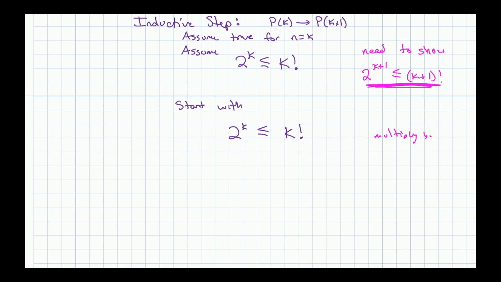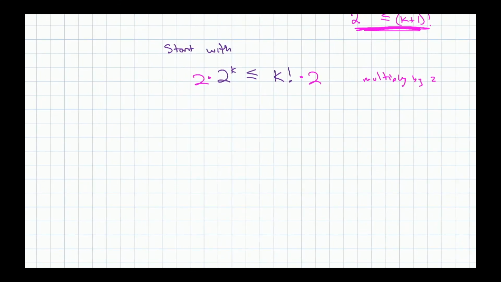Hold on, I don't like the way I wrote that. So we're multiplying by a 2 on the left and a 2 on the right.